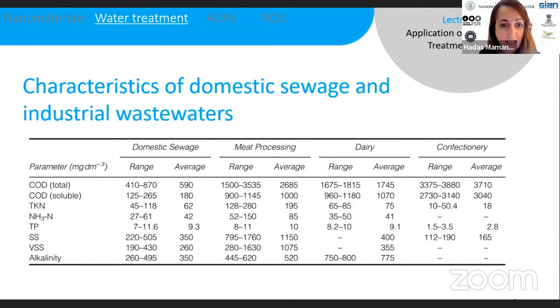Okay. So if we look at the characteristics of domestic sewage versus other types of industries, we can see, for example, that the chemical oxygen demand in domestic sewage is much lower than in the wastewater that comes from different industries, as well as the total and the soluble chemical oxygen demand.